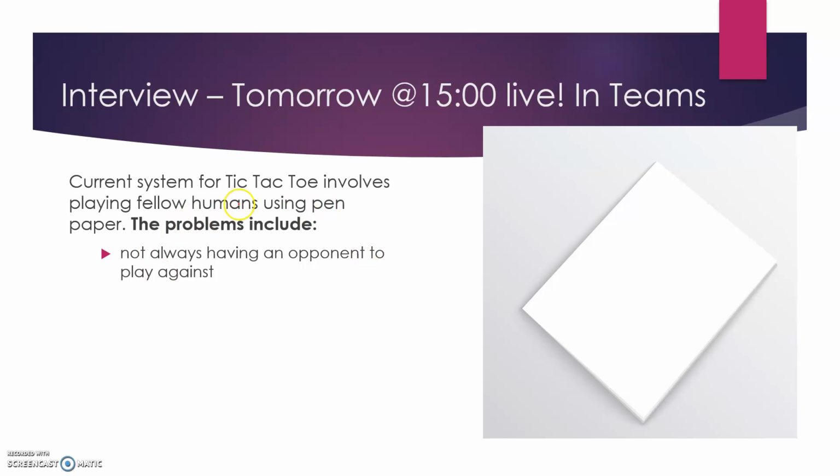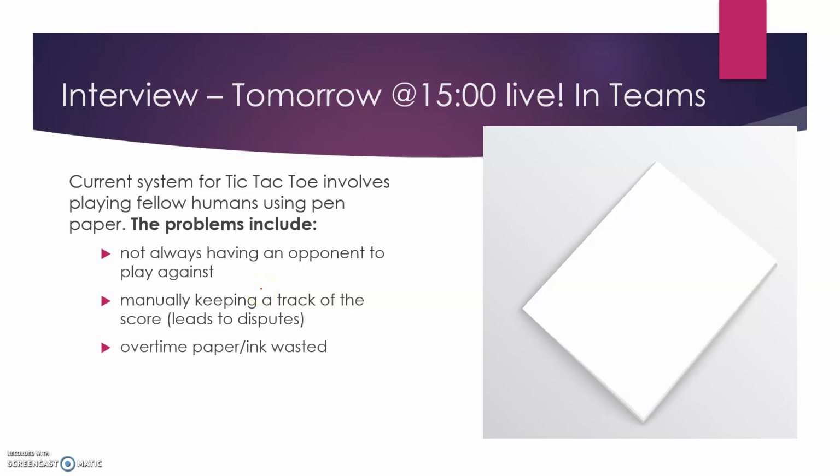There are times when I want to play tic-tac-toe but I can't actually find someone to play against, so I would like something to resolve that issue. I also have to keep, when I do get a chance to play against another opponent, I have to manually record the scores, and obviously over time that can lead to disputes over how many games have been won by my opponents. And obviously over time I'm wasting quite a lot of paper and ink. Okay, so I'd say that they are my major problems at the minute.